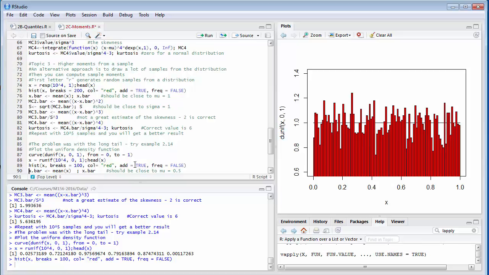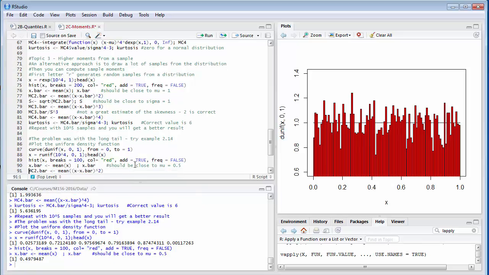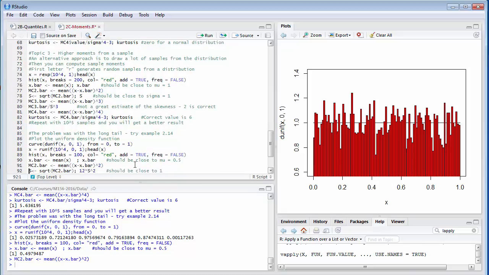It's always a surprise to novices to see how great a discrepancy there is, even if you take as many as 10,000 samples, which is a realistic thing to do only with a good computer. So I'll calculate the sample mean, x dot bar, should be close to 0.5, and it is mighty close. Let's compute the second sample moment and take its square root.